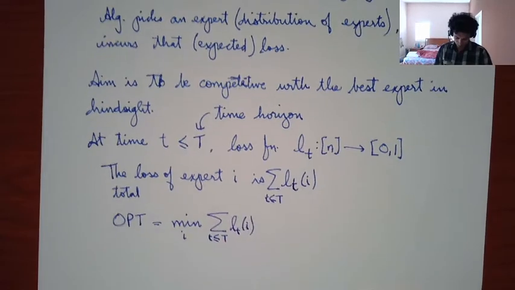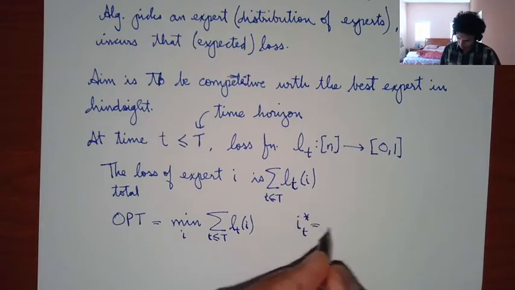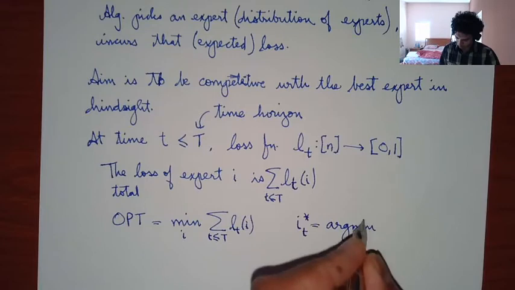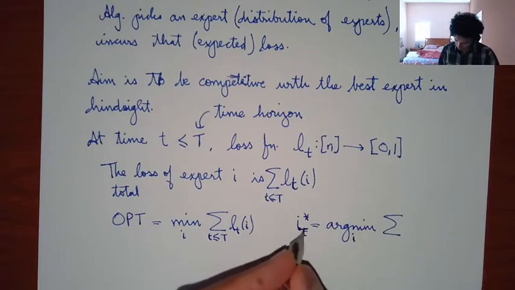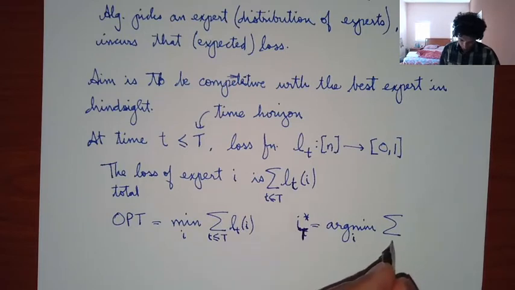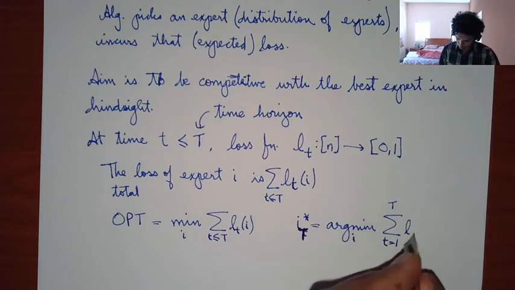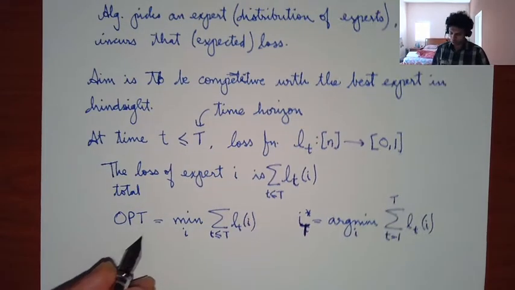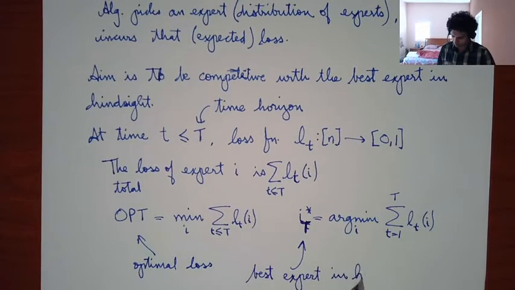That is the optimal loss. And also I can define i_T star to be the argmin over i of the sum for t going from 1 to T of L_t of i. This is called the best expert in hindsight.